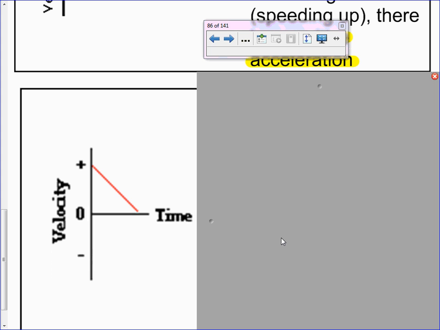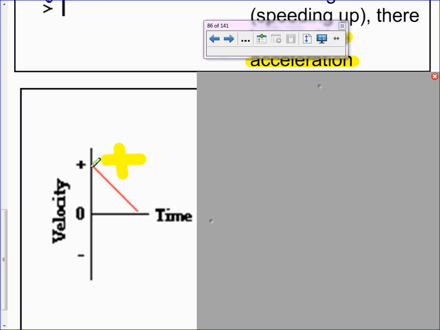So here's our next one. And time is increasing. But what's happening to the velocity? We notice it's in the positive region, so we know velocity is moving in the positive direction. But is velocity increasing or decreasing?